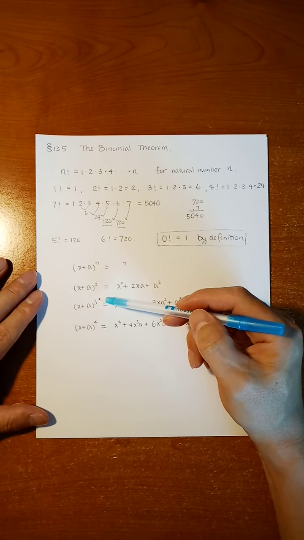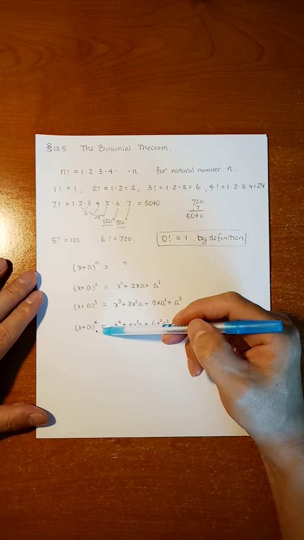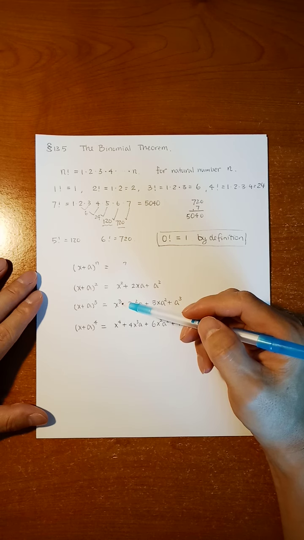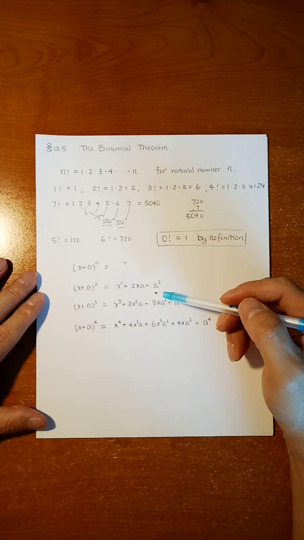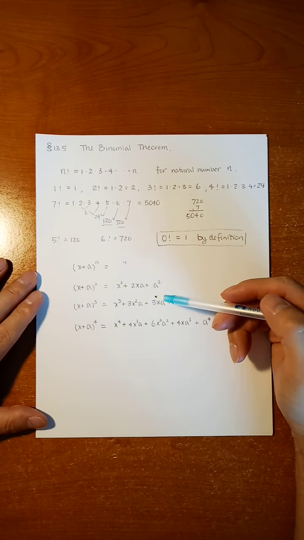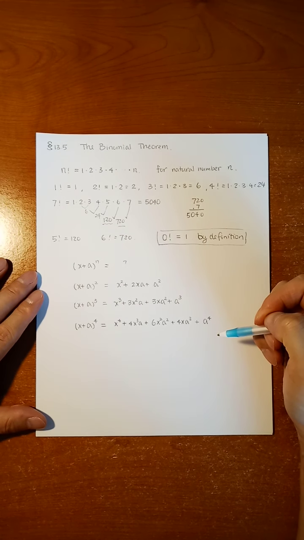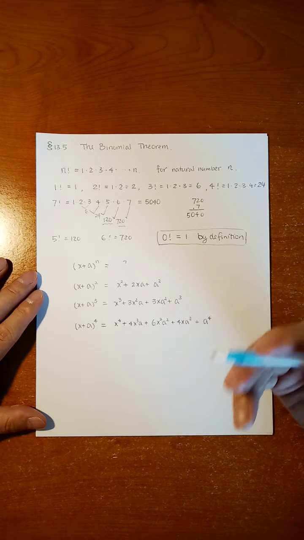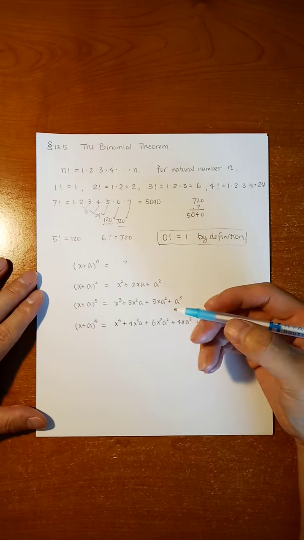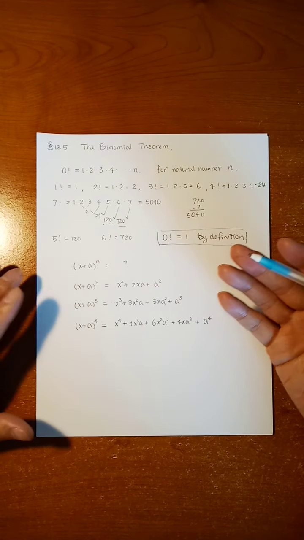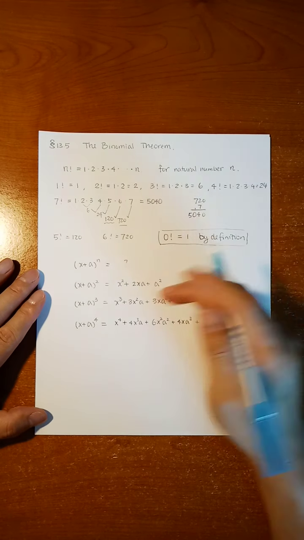They are just some simple, smaller numbers. If you have n equal to 100, then possibly it will take a long time, like 20 or 30 minutes, to really do the expansion. And you also need to be very careful. You have no idea if you get it wrong or right.